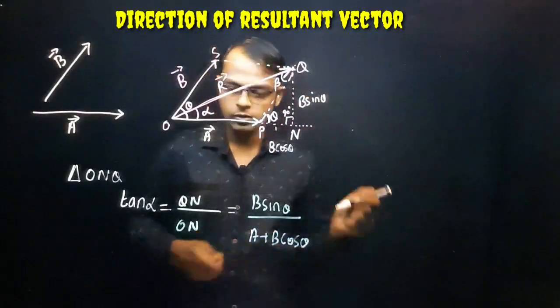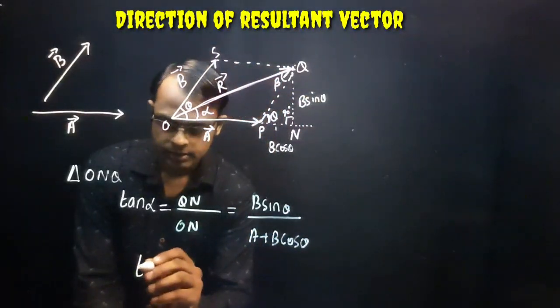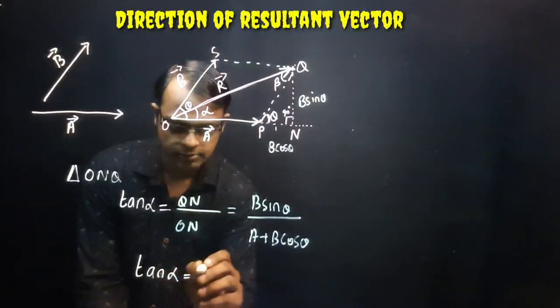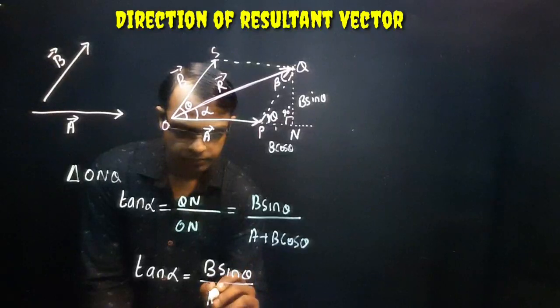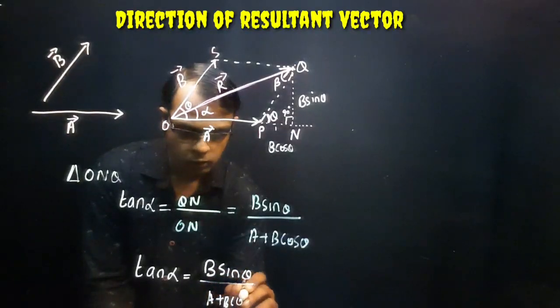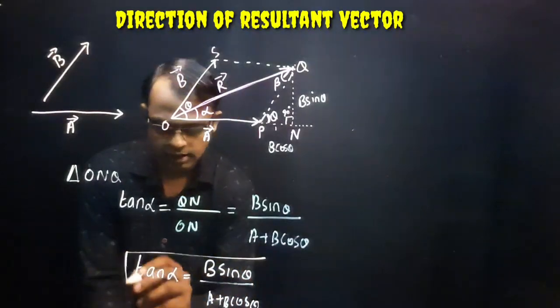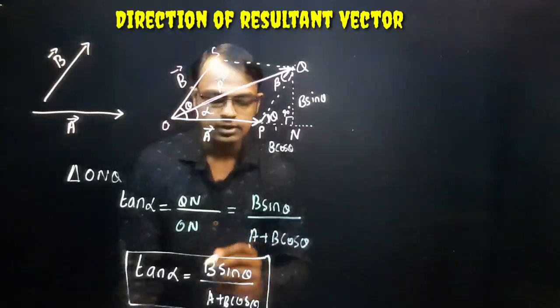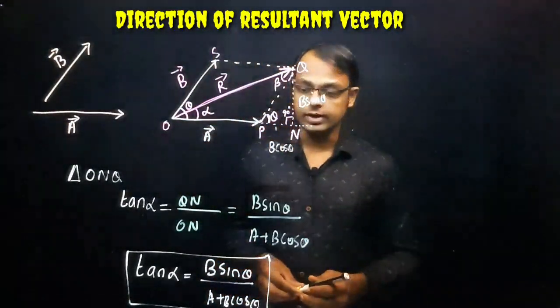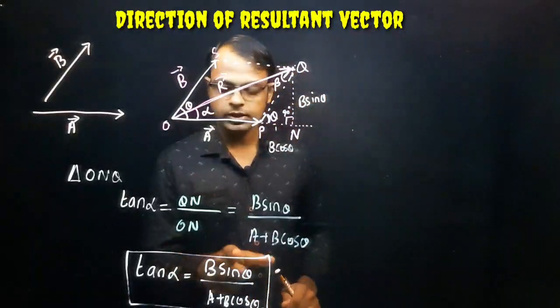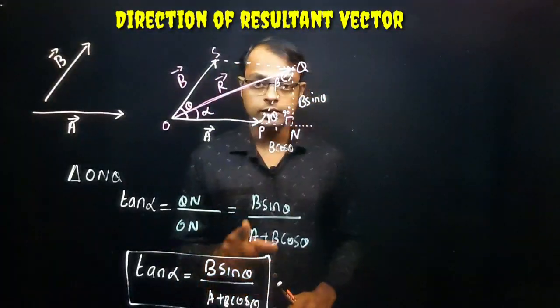So this is the equation. Once again let me write, tan alpha is equal to B sine theta divided by A plus B cos theta. So this is the relation to find the angle between the A vector and the resultant vector.